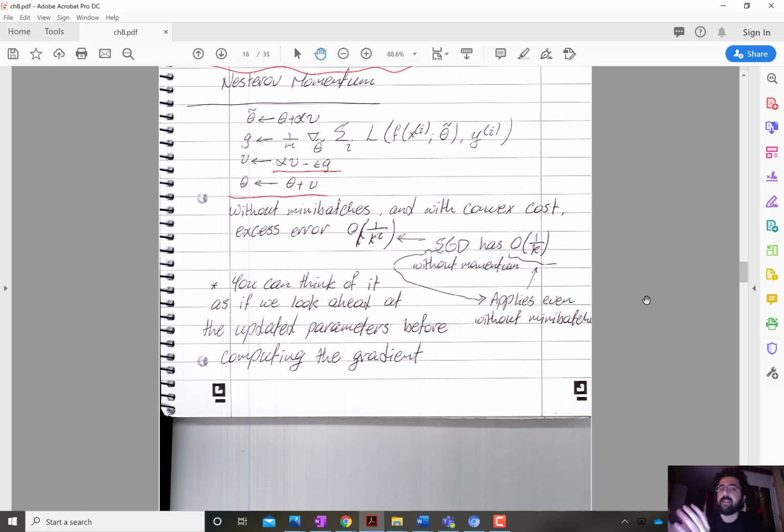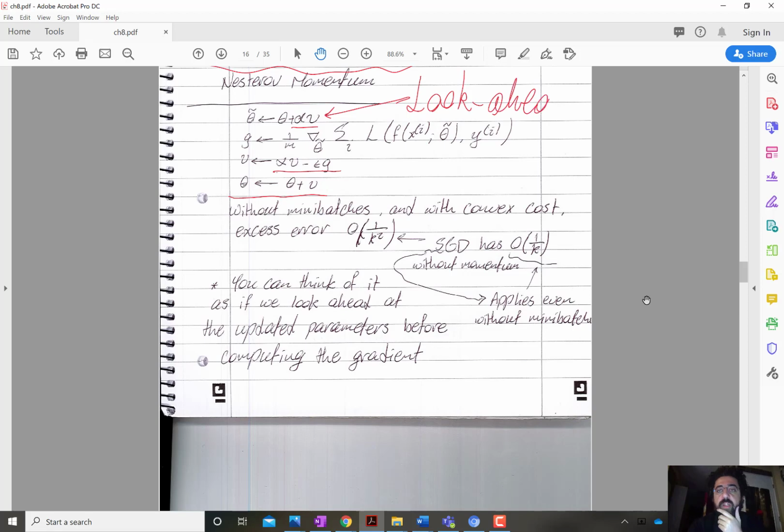The part that is the alpha v, I already know that from the previous iterations, and it doesn't depend on the loss function. It doesn't depend on the computation of the gradient. So I incorporate that term before computing my gradient. In a lot of the literature, this alpha v term is called the look ahead term, right?